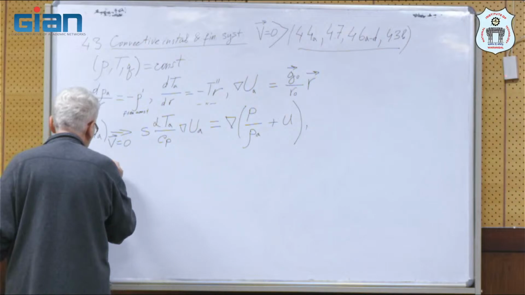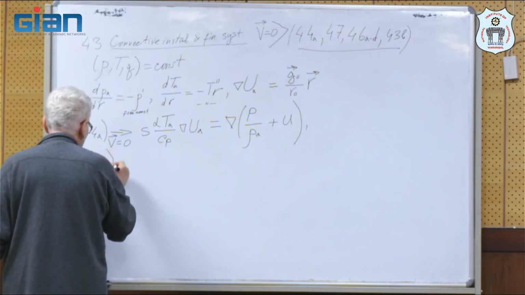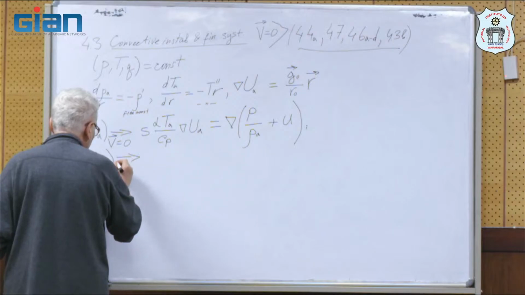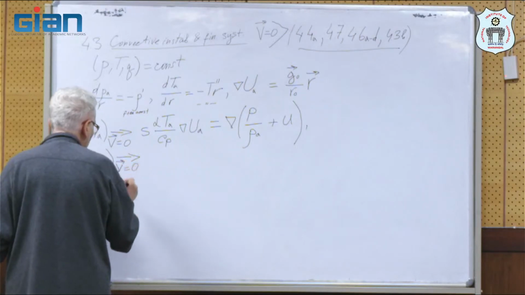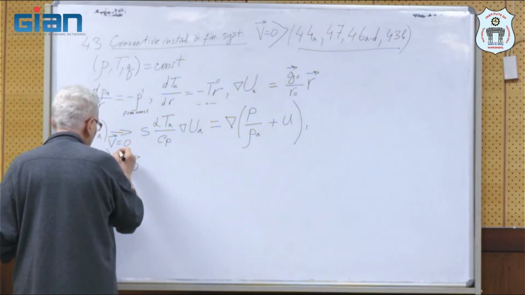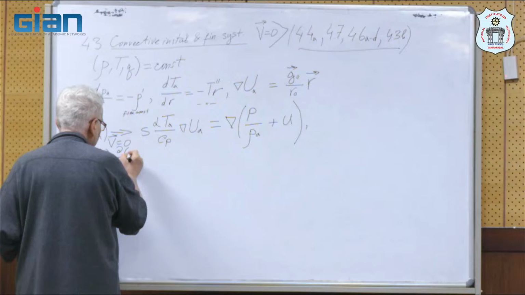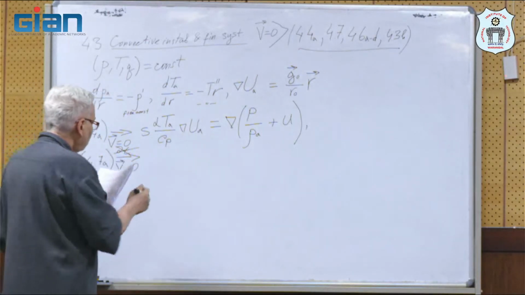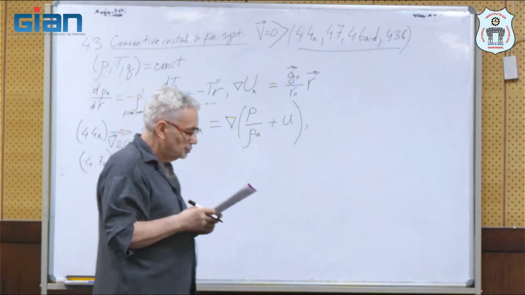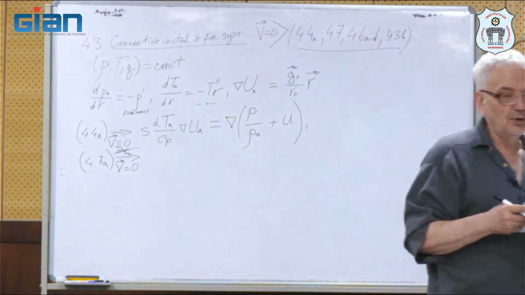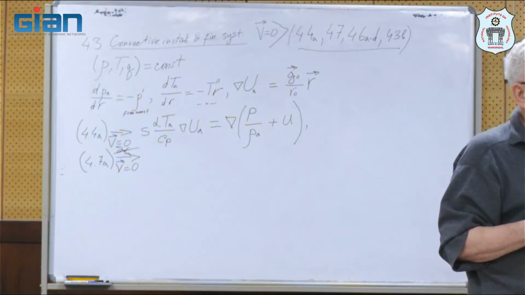We start from A, 4, 7, 8, under the condition that velocity is zero, and there is no dependence on time. I just wrote it like that. So it's easy to see that all these things completely remove the substantial derivatives.